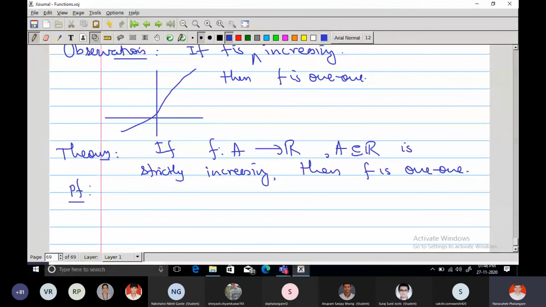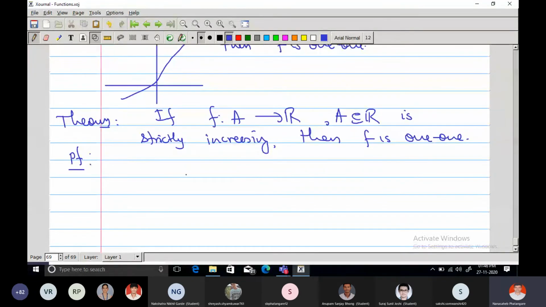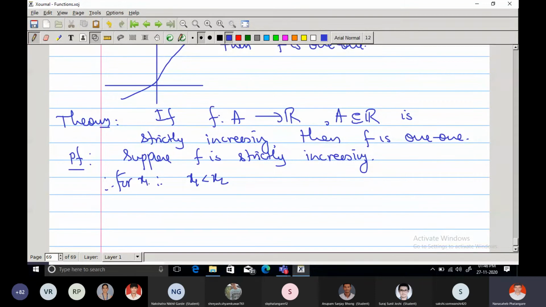So what will happen in this case? Suppose f is strictly increasing. Therefore, for x1, x2 in the domain, x1 less than x2 implies f(x1) is strictly less than f(x2).